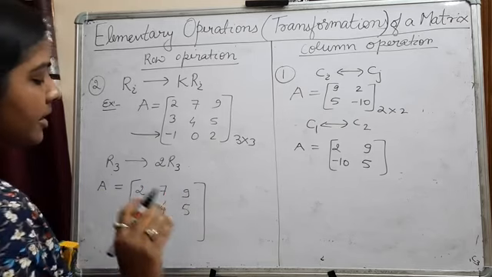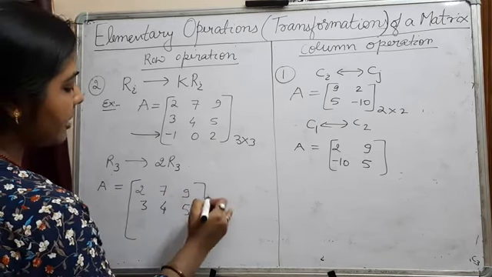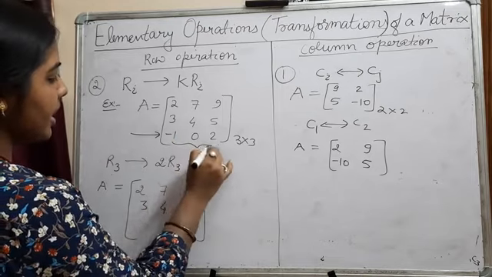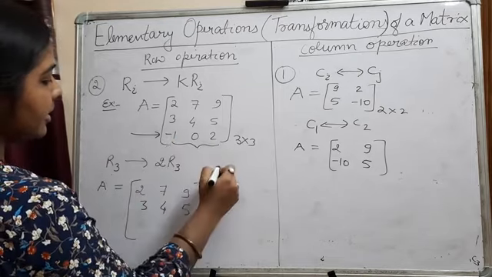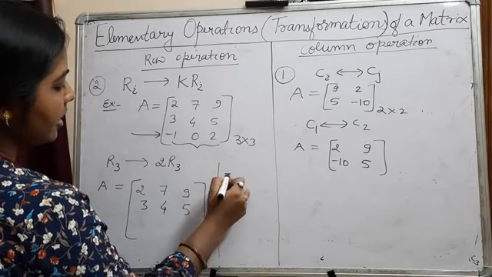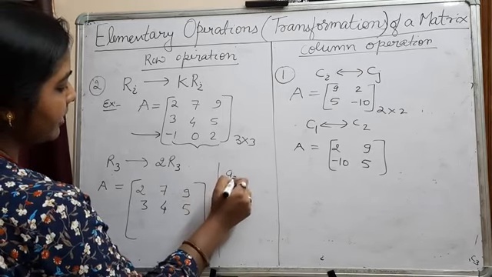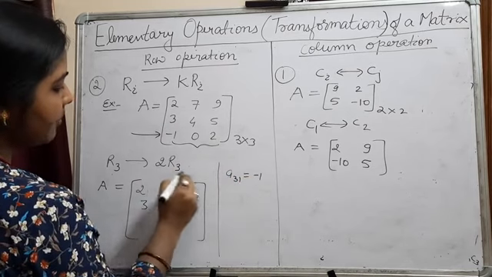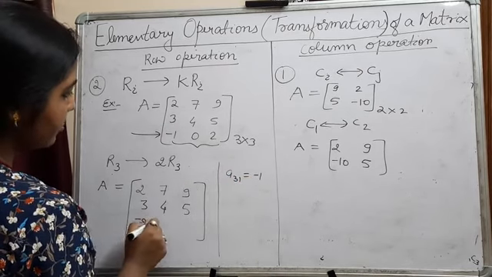2, 7, 9, 3, 4, 5. R1 and R2 we write similarly. Now we change only R3. In R3, the first element is A31, which is minus 1, so when we apply it, it becomes minus 2.